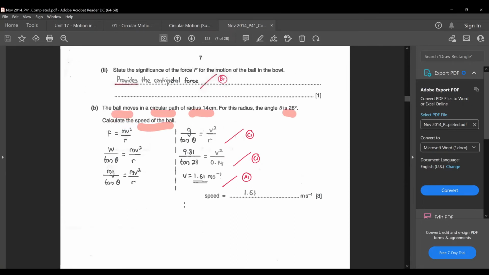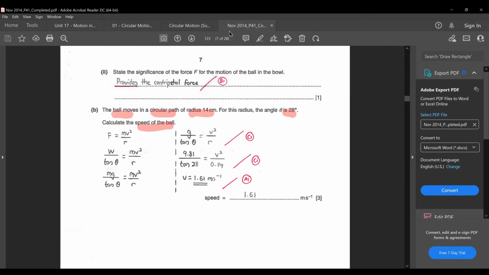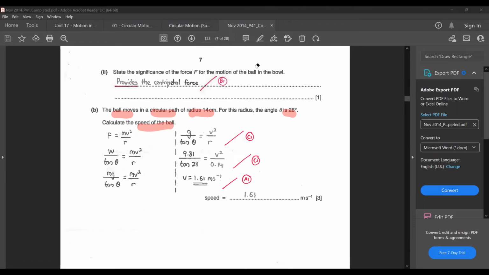Since this one is talking about something that moves in a circle, the two equations that you most commonly use are: centripetal force is mv squared over r, or centripetal force is m r omega squared.